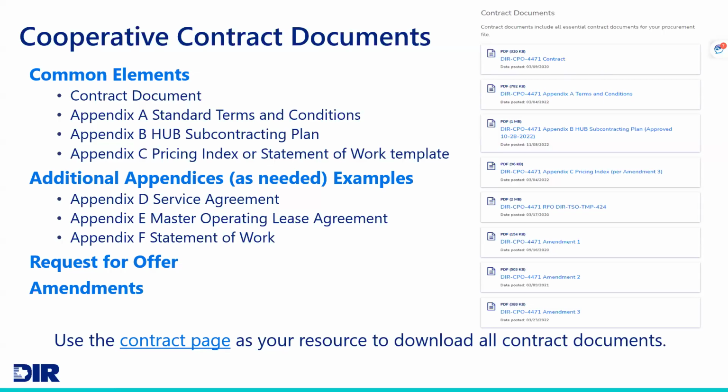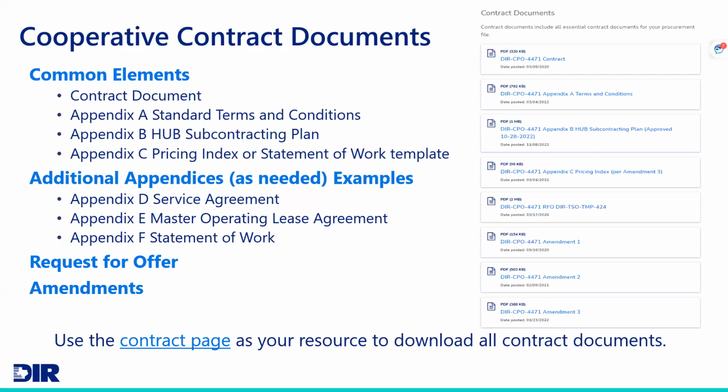Your Appendix B will be the HUB subcontracting plan that is again specific to that DIR vendor contract. And that's going to tell you two things. A, it will tell you if the vendor is self-performing under the scope of their DIR contract. In other words, they're doing it all. They're providing the product and any supporting services.